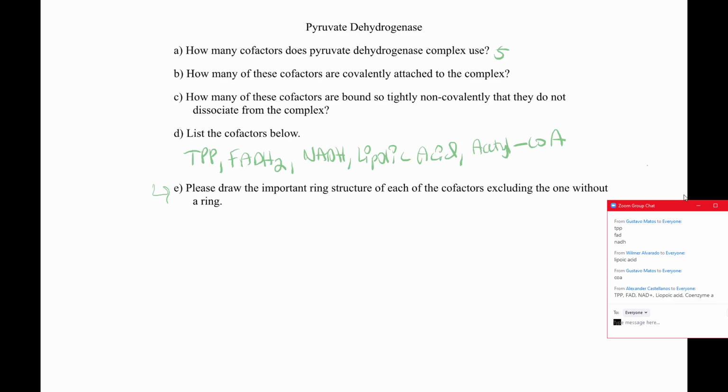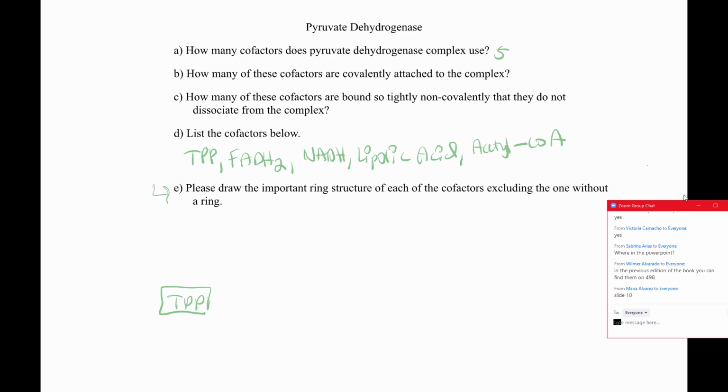So let me give you one example, like TPP. Were you guys able to find the structures or no? Okay. Would you like me to go over them? In the PowerPoint, it will be slide number 4, 6, slide number 10. This is where you would find them.